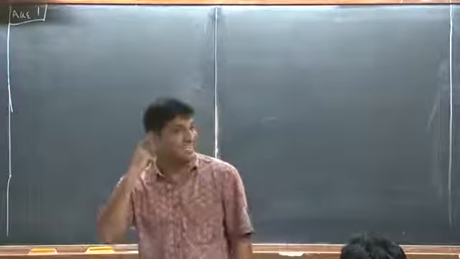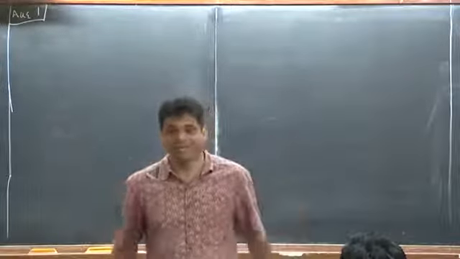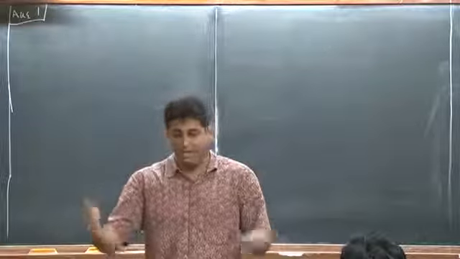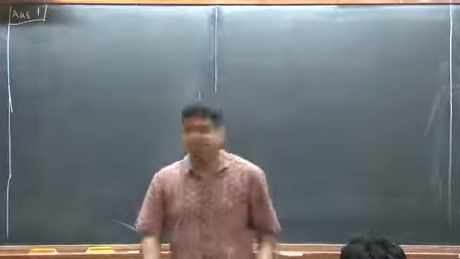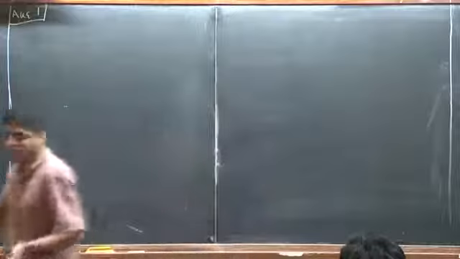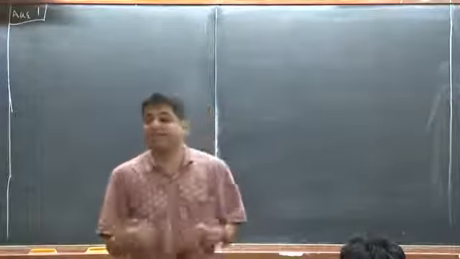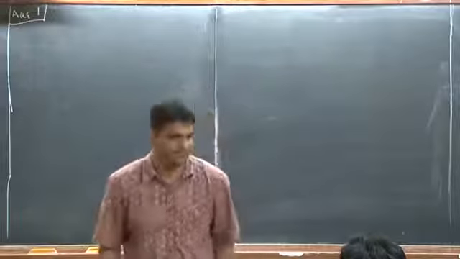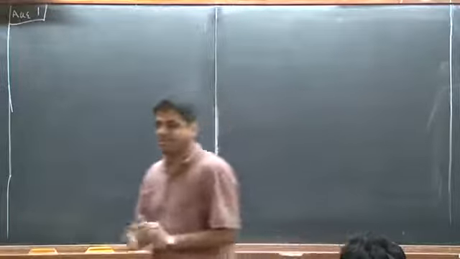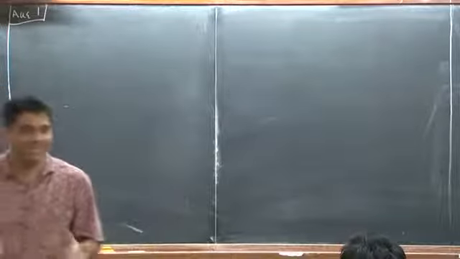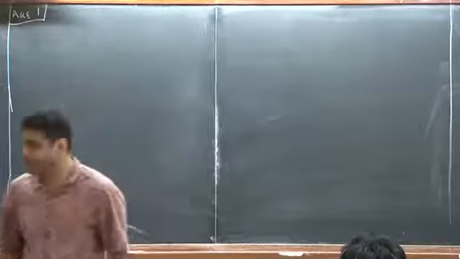Because, for instance, the law of universal attraction, which tells you that the force between two objects is inversely proportional to the square of the distance between the two objects, you could ask, square of the distance in which frame? Or square of the distance measured along what line of sight?